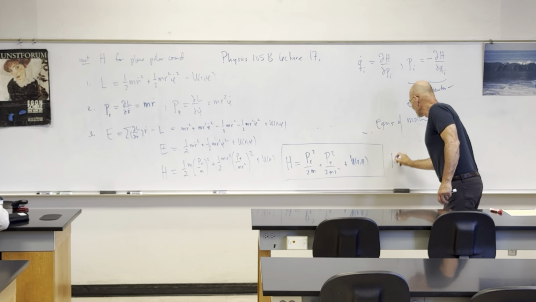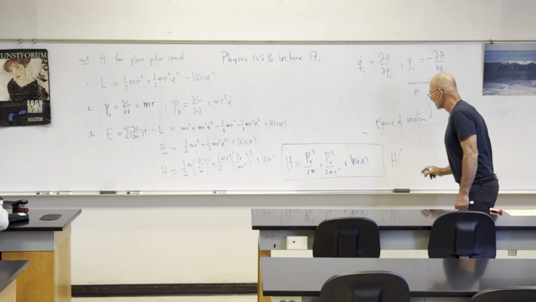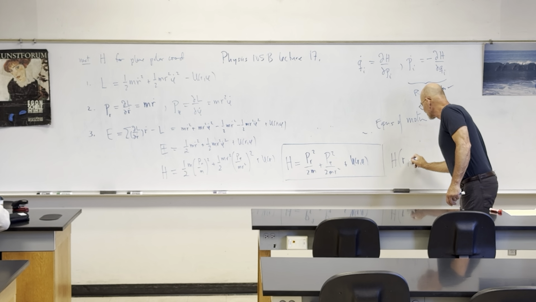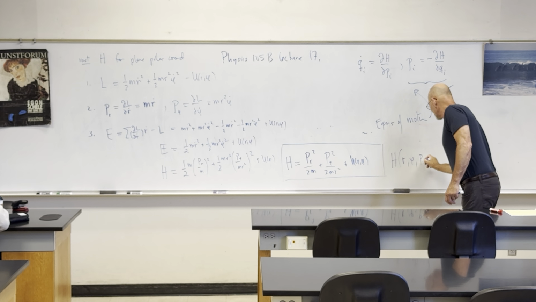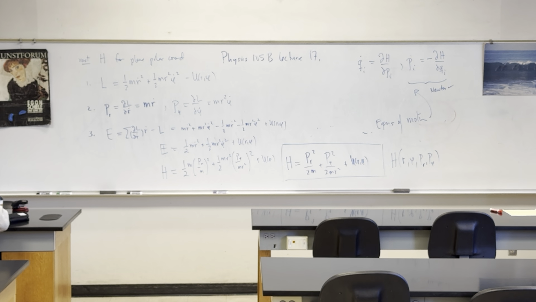And notice the variables we have here. It's a function of r and phi, p sub r and p sub phi. And if you could do the equations of motion, and if you take them far enough, you're going to get the same things as the Euler-Lagrange equations. Okay.